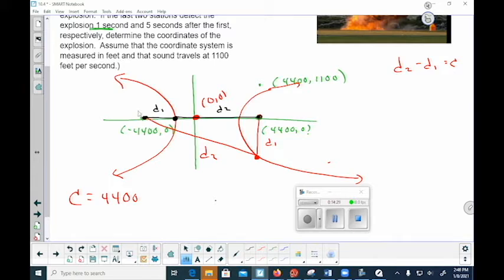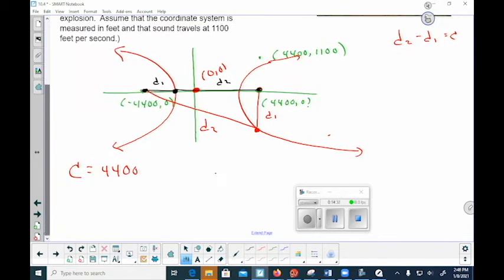Now graphically, what is D1? This D1 is going to be this c minus the distance from the center to the vertex, a. So that's D1.